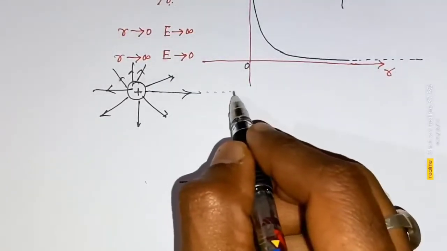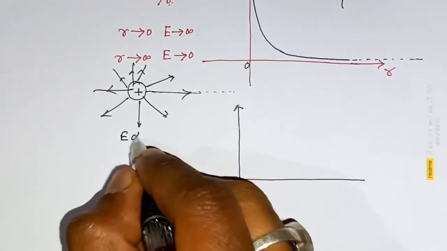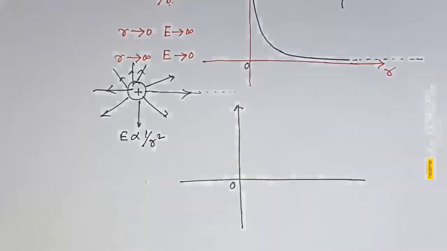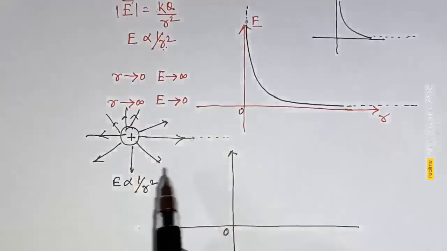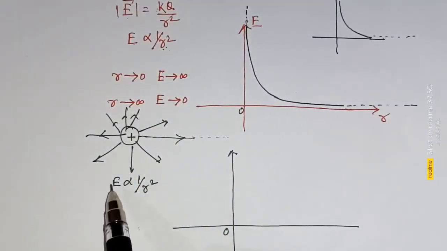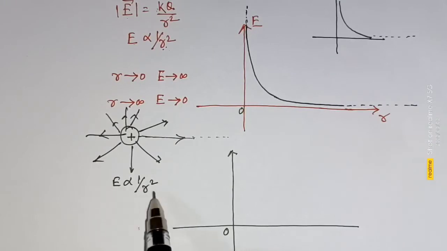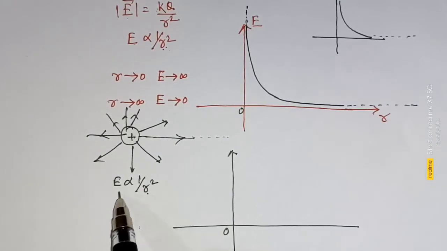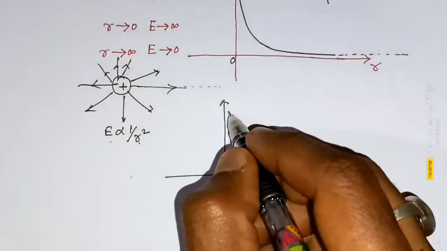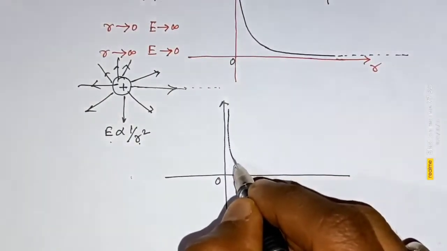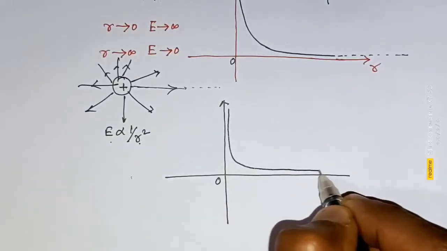With the increase of the distance, we already know that E is inversely proportional to r square. It means the same logic will work here. When r tends to infinity, the field is coming to 0. When r is 0, this E value is maximum. So for the positive charge, the graph nature will be like this.